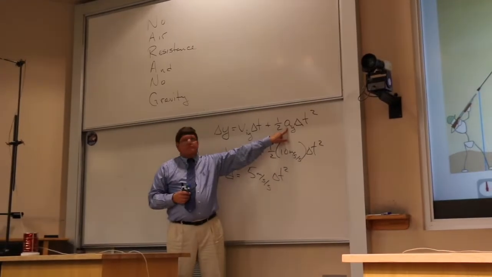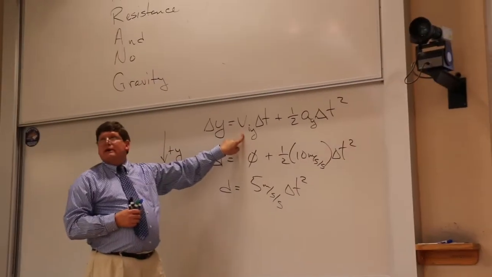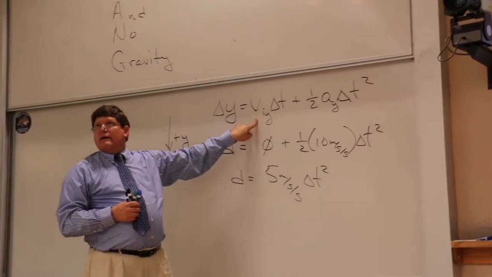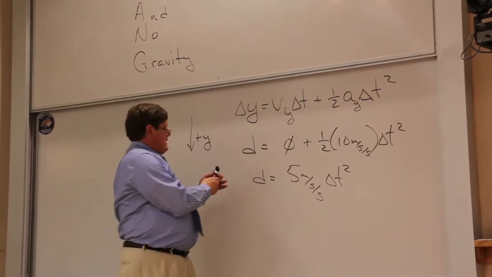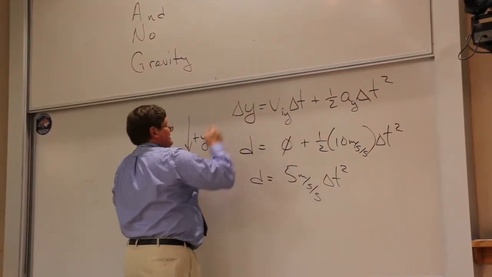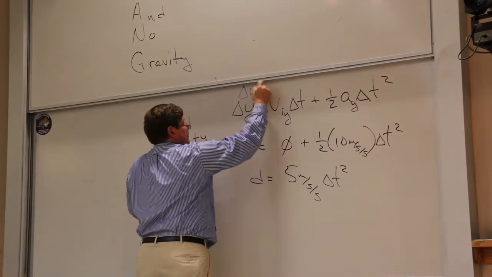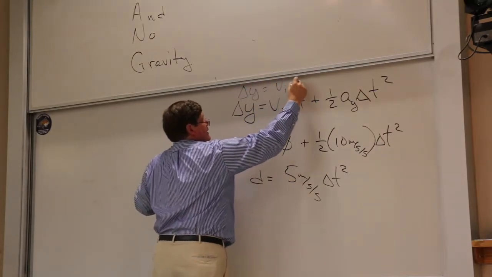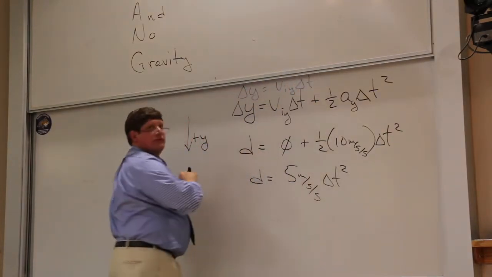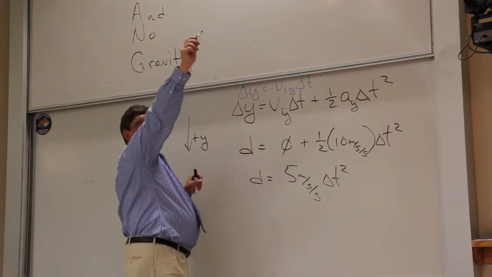There's no gravity. And so it would just be this. Okay? This would be, on Narang, I would have delta y is equal to v initial y delta t. And that's a straight line.